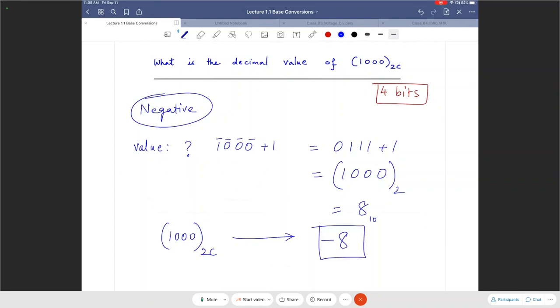Now you see where we gained that one extra negative number. We saved -0 and we got -8 for it, right? That's how we gained that one extra number for 2's complement form. So whenever you see 1 followed by a bunch of zeros, it will be -8 or -16 or -32 and so on.